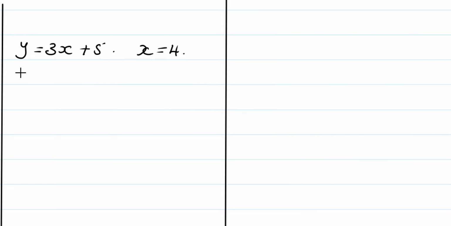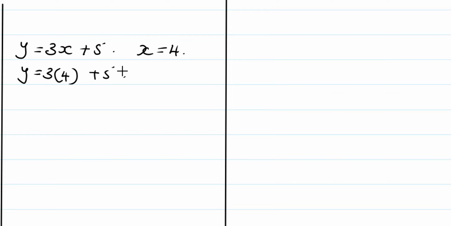Like in this case, we can say y is equal to 3, but you see we have 3 multiplied by x, so this one now will be 3 into 4 because x is equal to 4, then plus 5.